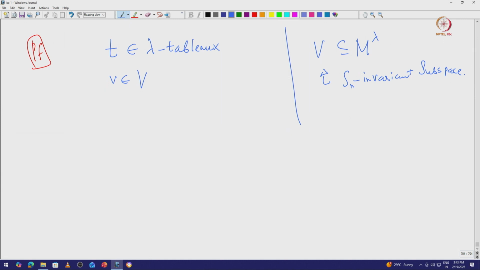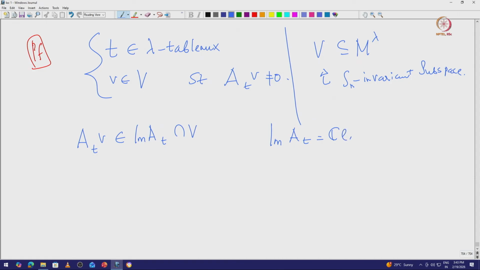Maybe we can directly prove that one of two things will happen. Let us say we have a lambda tableau T and v an element of V such that A_T v is indeed non-zero. Now using the Sn invariance of V, we can see that A_T v is in the intersection of the image of A_T and V, but we already know that the image of A_T is nothing but the one dimensional space C e_T.